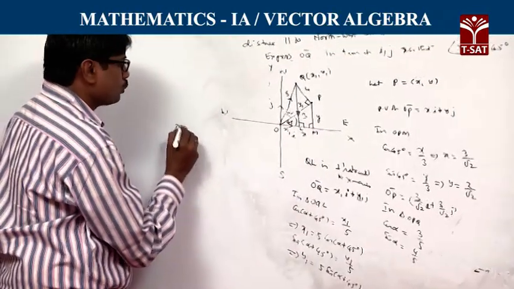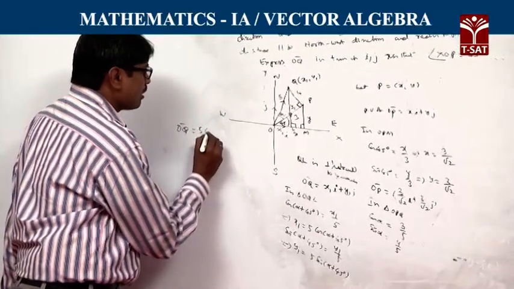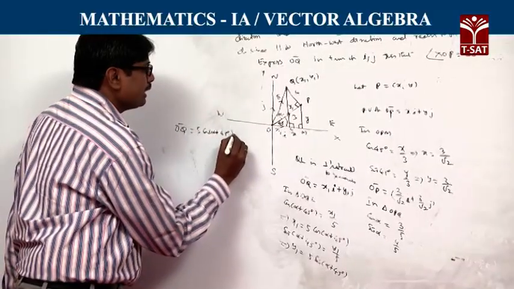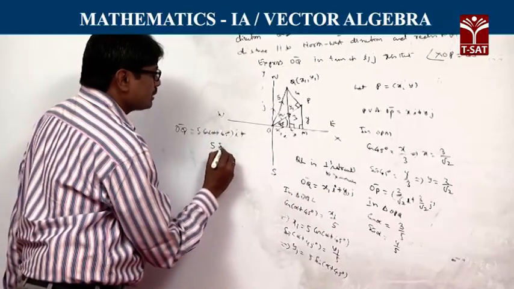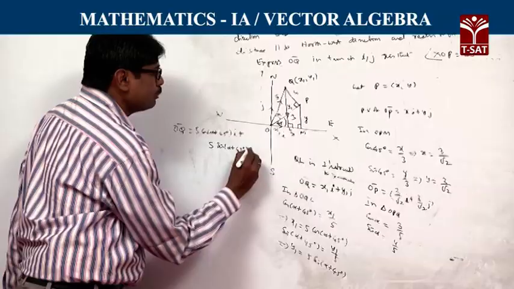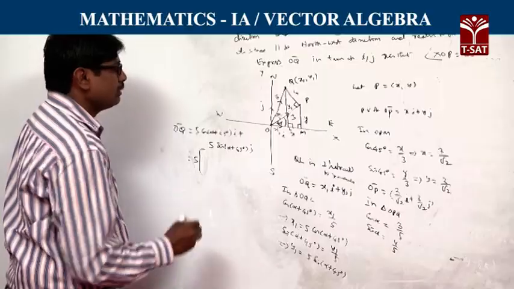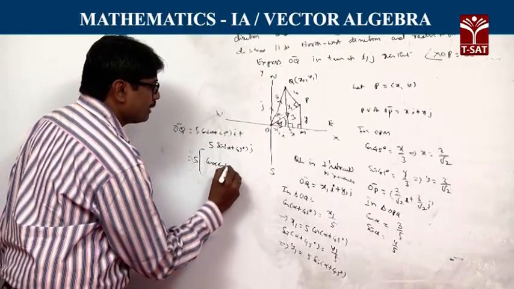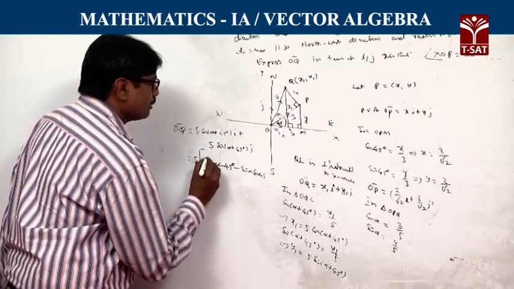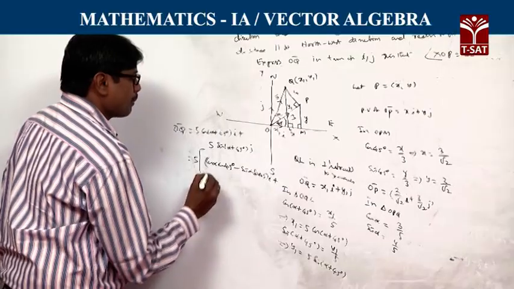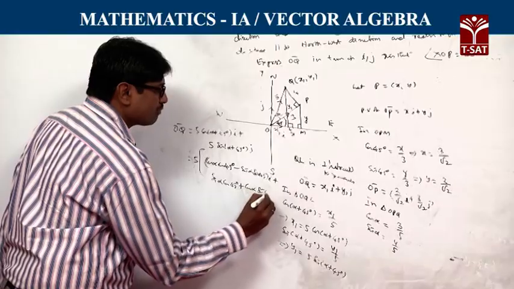Now, OQ bar will be equal to x1 into i bar plus y1 into j bar, in the sense 5 times cos(alpha plus 45 degrees) into i bar plus 5 times sin(alpha plus 45 degrees) into j bar. Simplify, that is equal to 5, as we took common, (cos alpha cos 45 degrees minus sin alpha sin 45 degrees) into i bar plus (sin alpha cos 45 degrees plus cos alpha sin 45 degrees) into j bar.